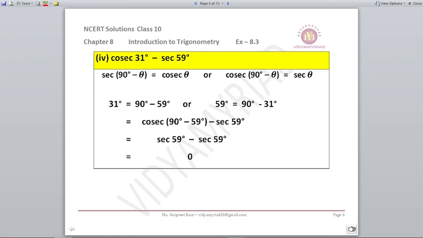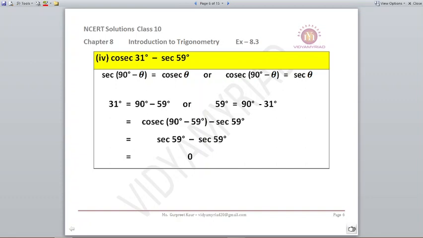Cosec 31 degrees minus secant 59 degrees. Now cosecant and secant are related to one another, and 31 and 59 are complementary. So let us convert cosecant into secant. Cosecant 31 can be written as cosecant (90 minus 59), that is 31 degrees.